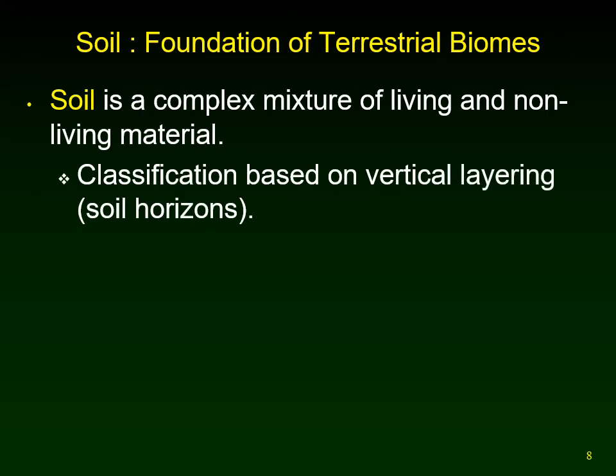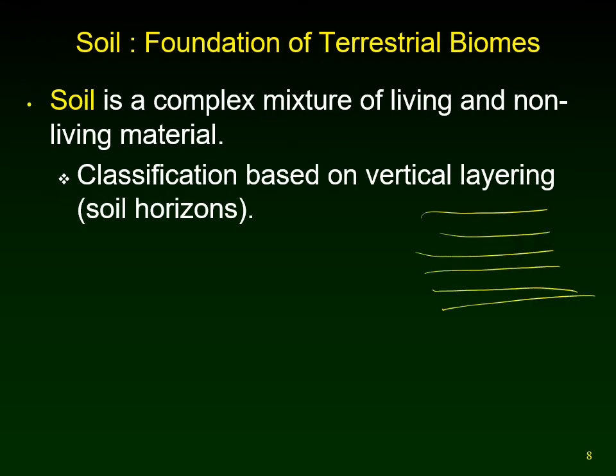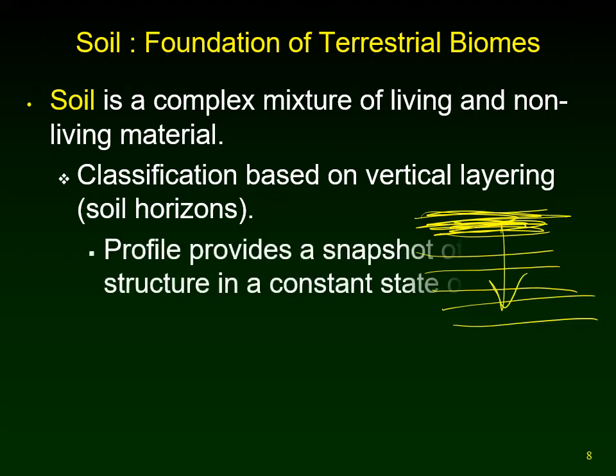The classification of soil is based on the vertical layers, which are called soil horizons. When we talk about a vertical layer, we mean as we go down vertically, you find different soil types, but they are all parallel to the soil surface. So as we go down from the surface, we find changes in the soil, and those are your soil horizons.